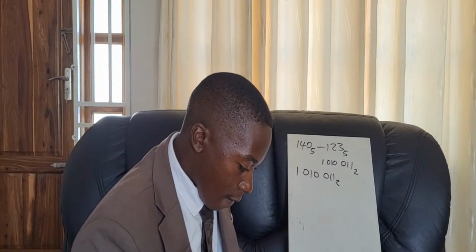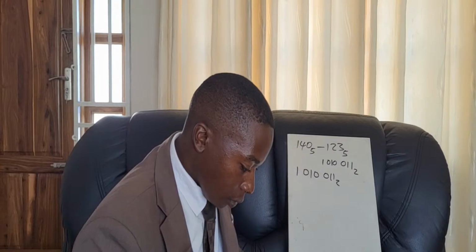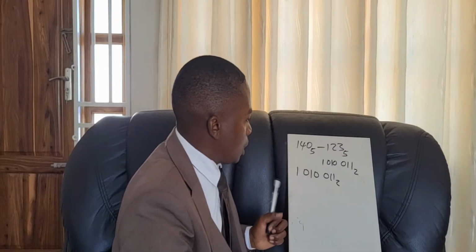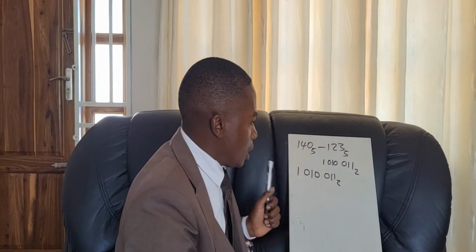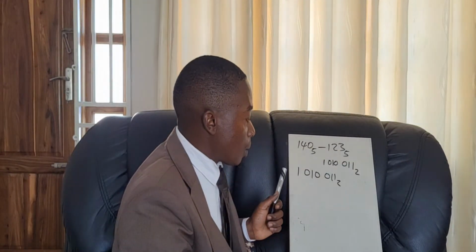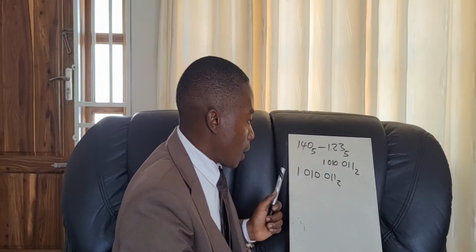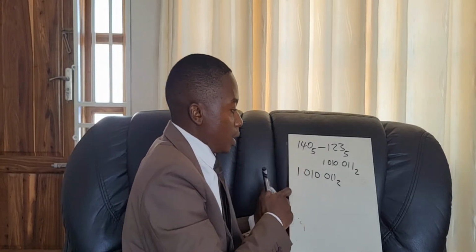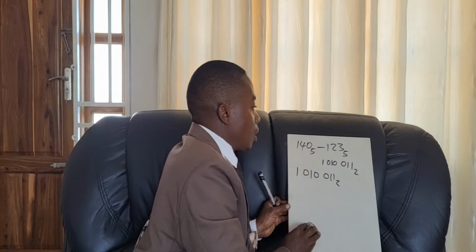Number 19. Okay, let's try another way. Because what we did here, we subtracted in base 10, not in base 5. Let's try to do it directly, subtract in base 5 and see if we get this amount. You understand what I'm saying?